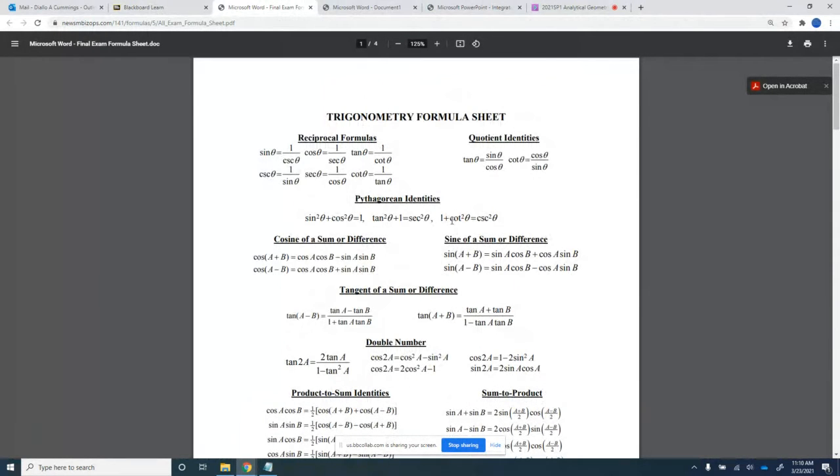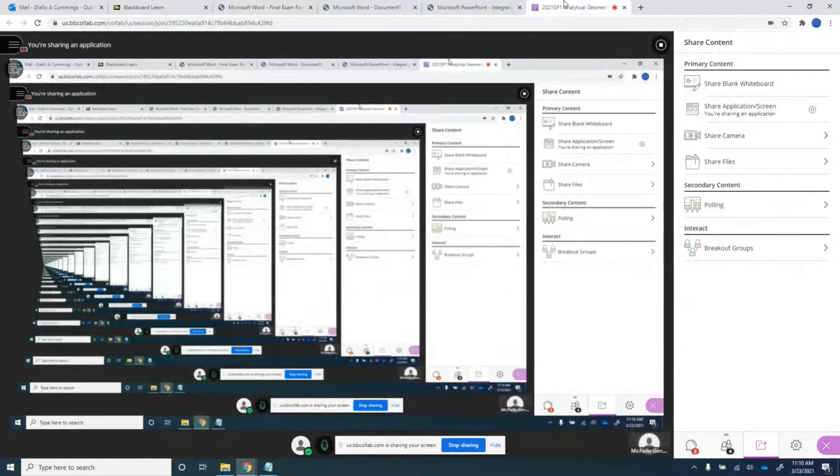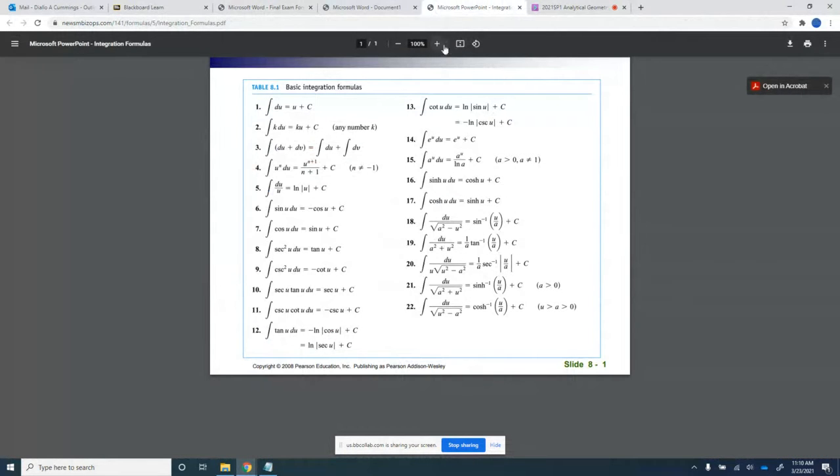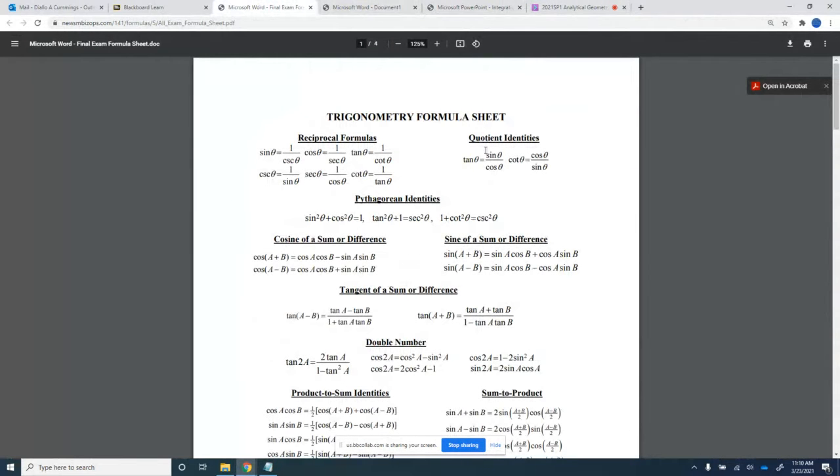Now this sheet is actually from a trig course, and as you're going to see as we go through integration of our trig formulas, we will rely a little bit heavily on this trig formula sheet because we'll be using some substitutions, and some things that may not be so clear on the surface.